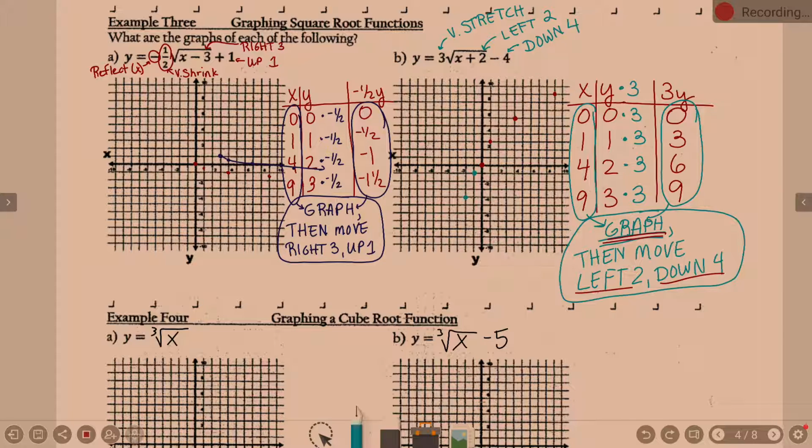I'm going to take 4, 6, and go left 2, down 4. And I end up at 2, 2. Then I'm going to take 9, 9. I'm going to go left 2, down 4. And then I think I end up at 7, 5. Yeah.